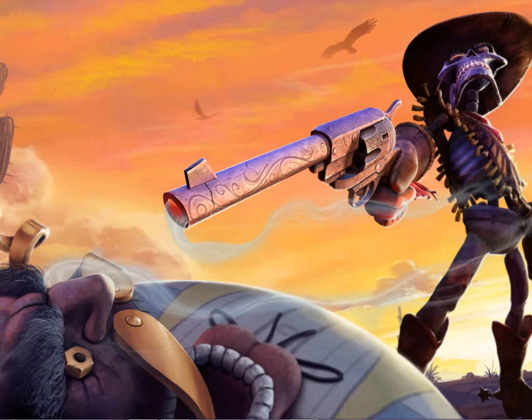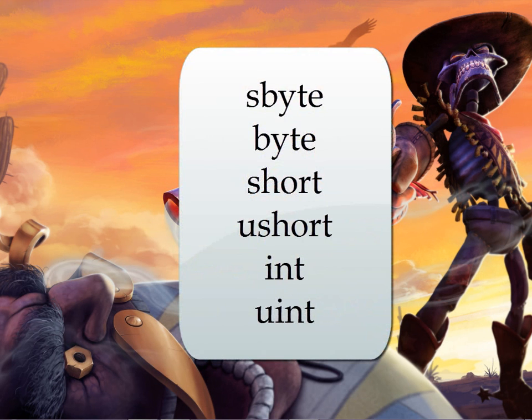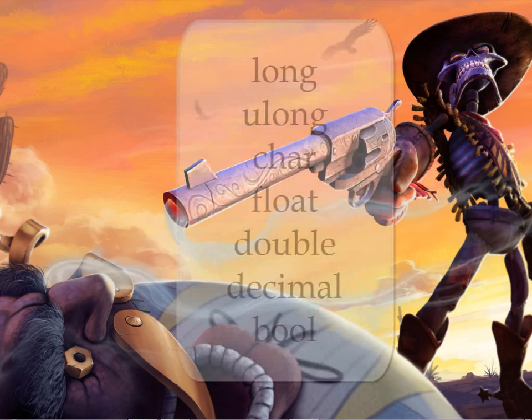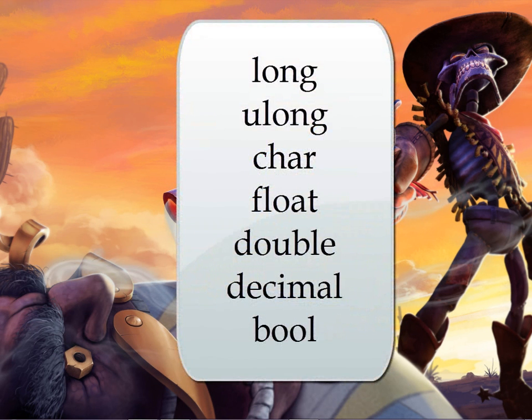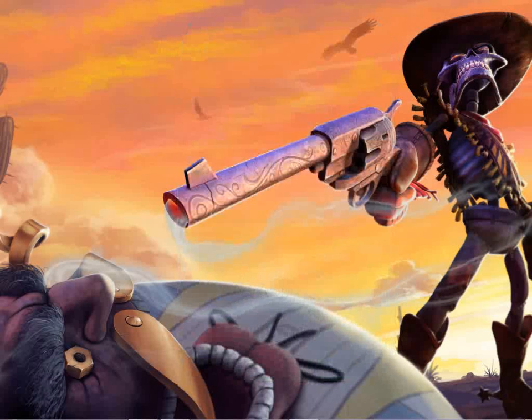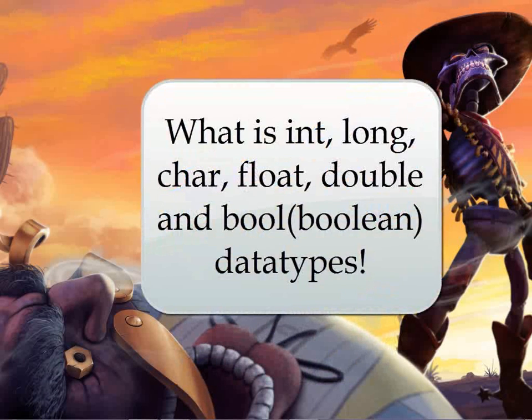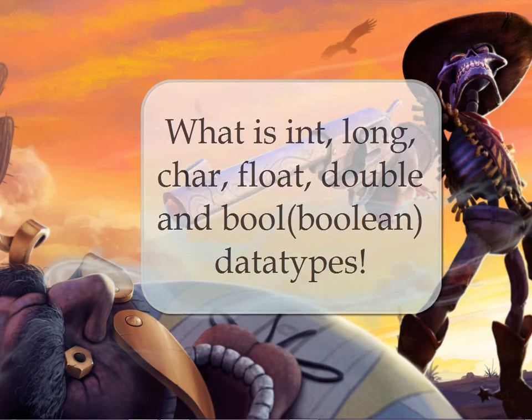The various data types in C# are sbyte, byte, short, ushort, int, uint, long, ulong, char, float, double, decimal, and bool. Here I will be explaining the int, long, char, float, double, and bool data types.